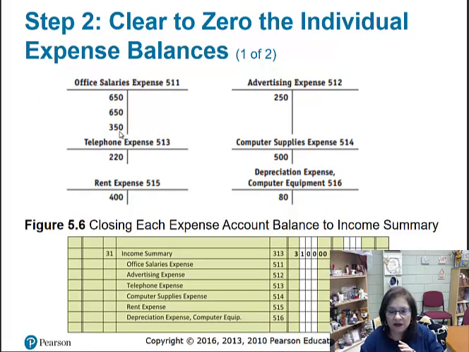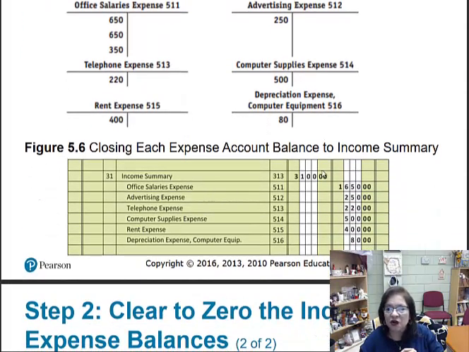Office salaries expense, your telephone expense, your rent expense, your advertising expense, your computer expense, supplies expense, and your computer depreciation expense. So what are you doing? You're now debiting your income summary, and now you're going ahead and crediting all of these expenses.